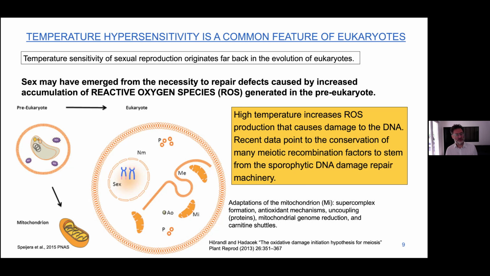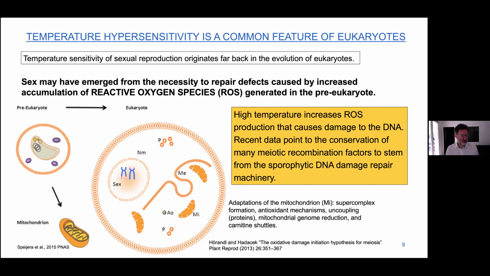The current opinions about the development of sex are that it may have been a system that helped to overcome problems of reactive oxygen species. And this may have been caused by the pre-eukaryote engulfing other prokaryotic cells, developing a system allowing an internal energy provider through the development of mitochondria.